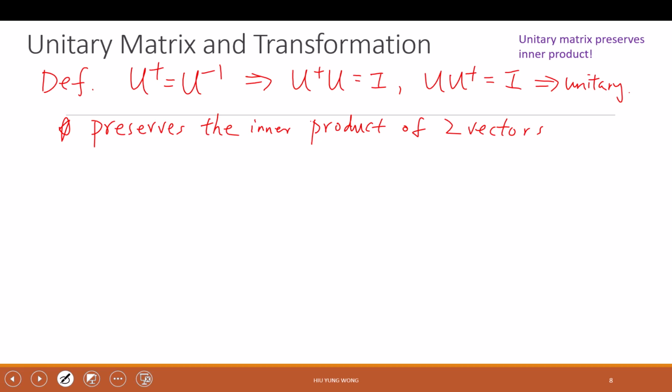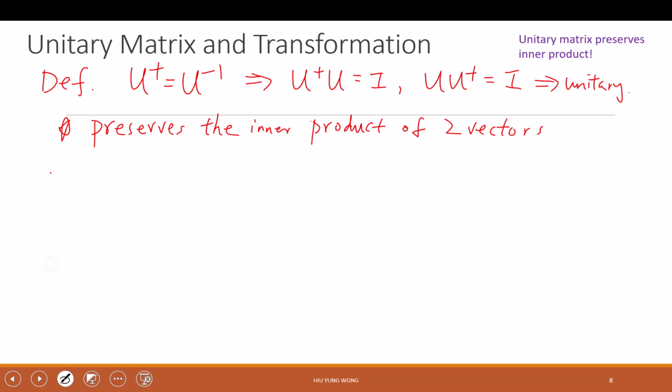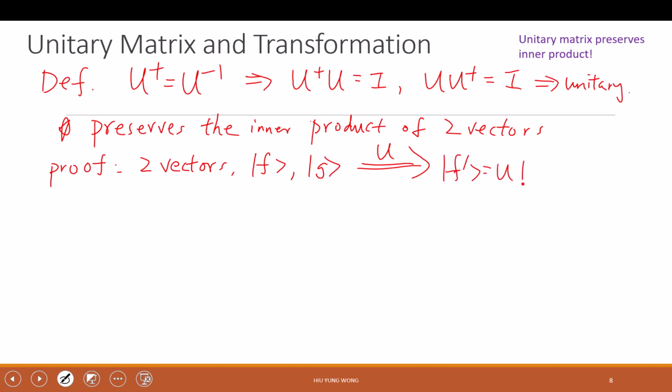So let's try to see why. For example, this is also a proof, right? Try to prove that it preserves the inner product. So I have two vectors, I call them F and G. Now, I apply a transformation U. So F becomes F dash equals UF.